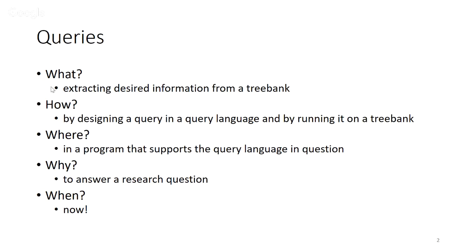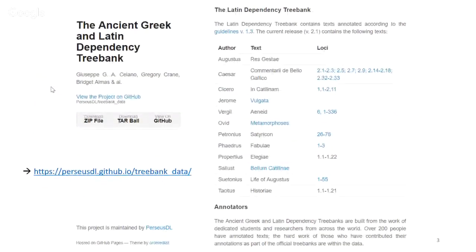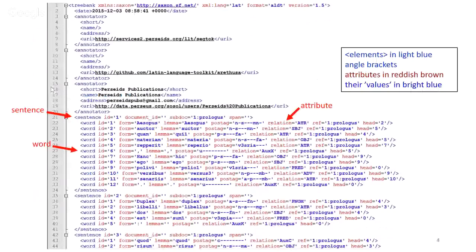I'll present you one practical example of querying Latin dependency treebanks that come from the Ancient Greek and Latin Dependency Treebank. You have already seen this page 2 weeks ago. This treebank version is not UD, but simple XML called Ancient Language Dependency Treebank Format, ALDT.